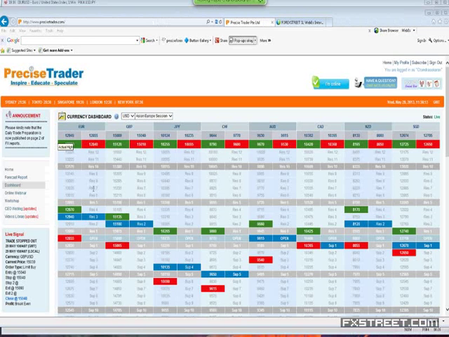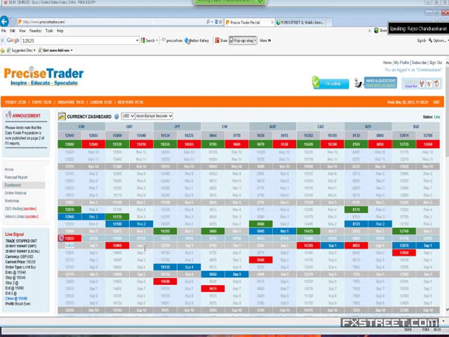Our support zone 1 for the day session is 12820. The low did not reach our support zone 1. That's how we register and decide on the strategy.